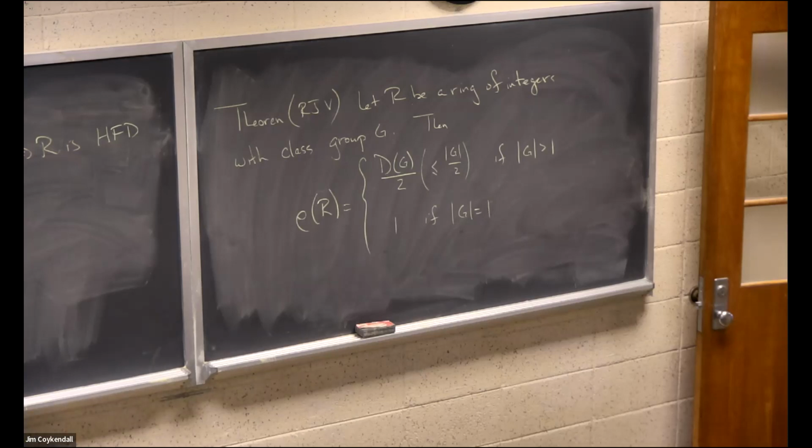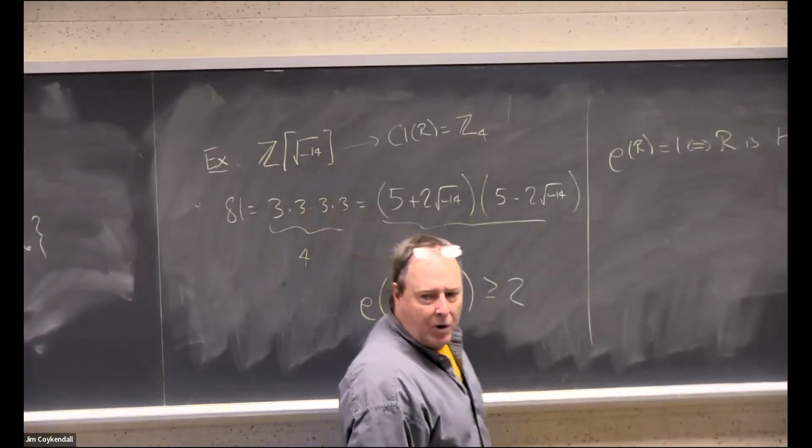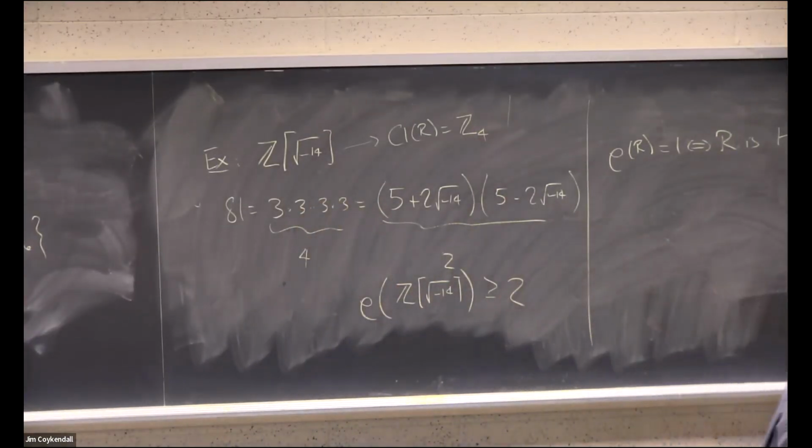Let's go back to this example here. For this example right here, and although we didn't prove this hardcore earlier, we did give a heuristic kind of argument. This is true. Z4 is cyclic, right? And so the Davenport constant of the class group here is 4, right? And so by Valenza's formula, 4 divided by 2 is 2.